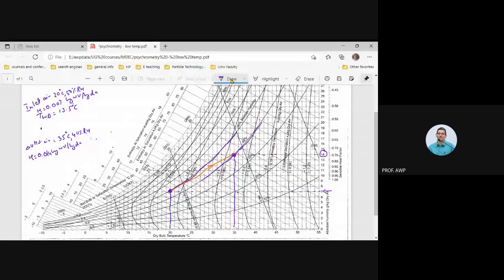Okay, so now if I take this air and I spray water which is at 13.5 degrees centigrade, I will get outlet air which is humidified and cooled along this wet bulb temperature line. Means its humidity will increase and its temperature will fall along this line. Do you agree with that?